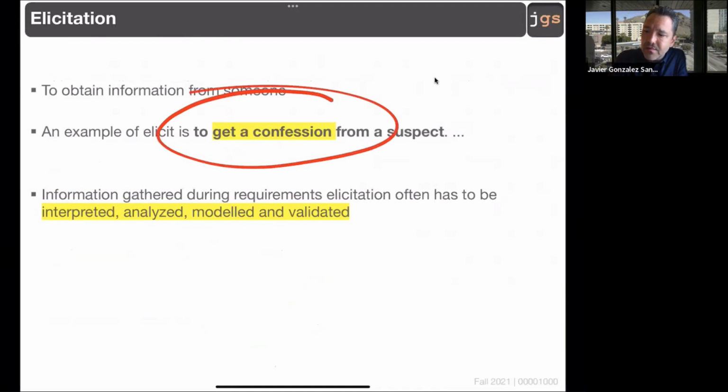You need to think about this as a confession. It's not only about listening and documenting, but you need to analyze every single sentence and validate that sentence. We need to talk about the modeling, that is going to be the documentation of this, and the interpretation.